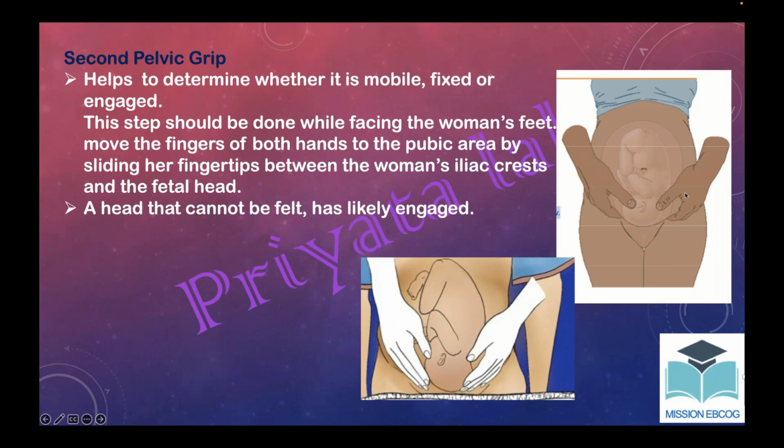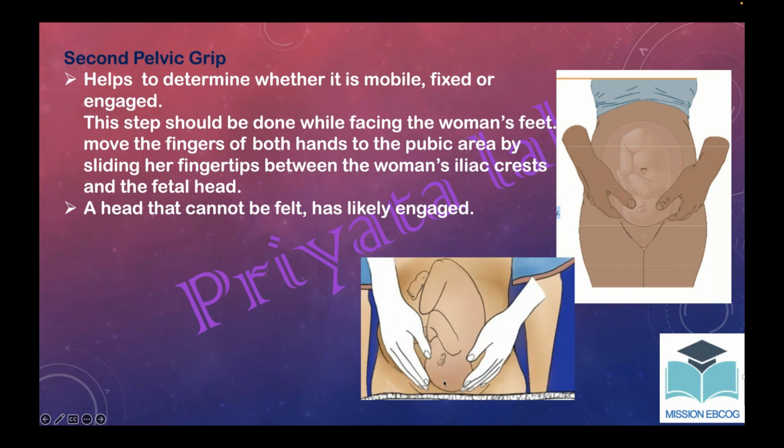Then you try to find out whether the fingers of both hands are approximating or not. If they approximate, that means the head is ballotable, and if you are unable to approximate, that means the head is engaged. So this way you are able to find out whether the fetal part is engaged or not.